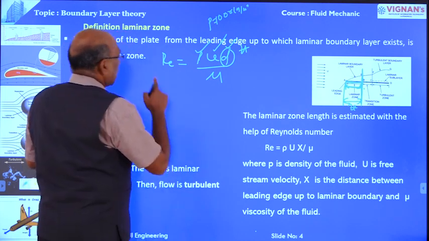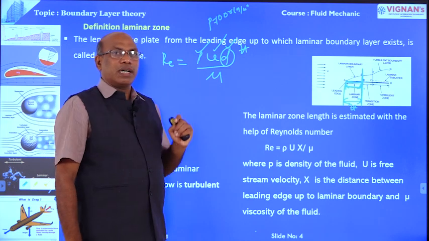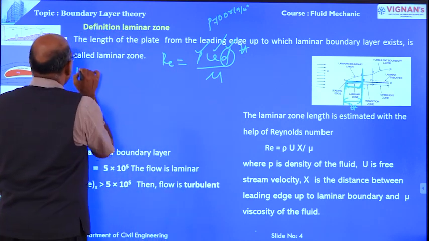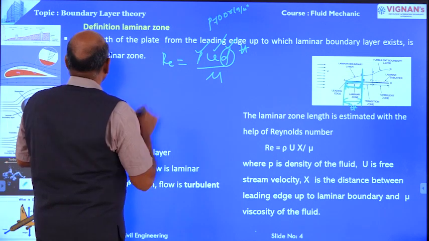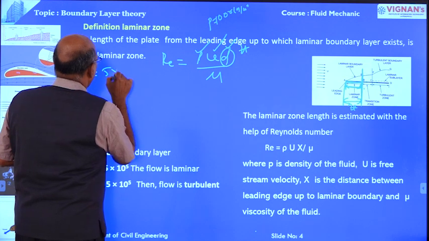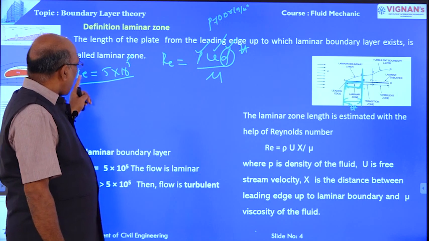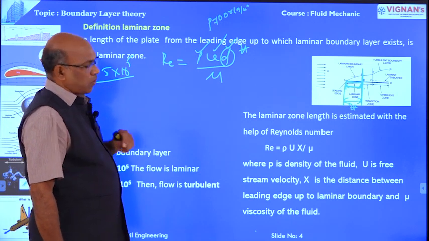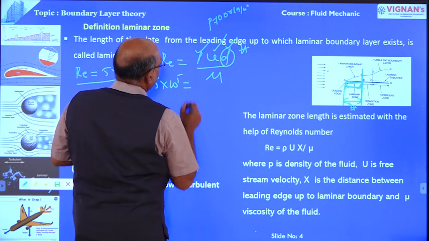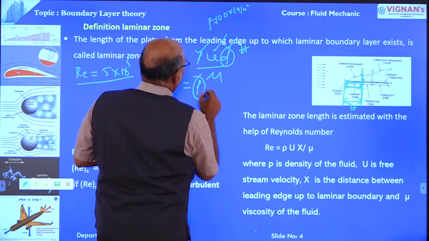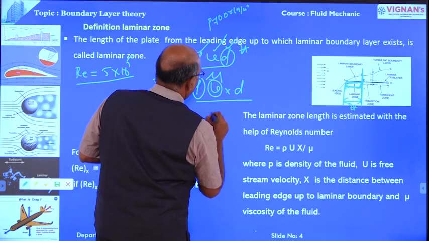The viscosity varies from fluid to fluid. Now, the laminar zone is estimated based on the Reynolds number. Suppose Re is taken as 5 into 10 power 5. Then 5 into 10 power 5 is equal to rho into velocity of the fluid into D divided by mu.